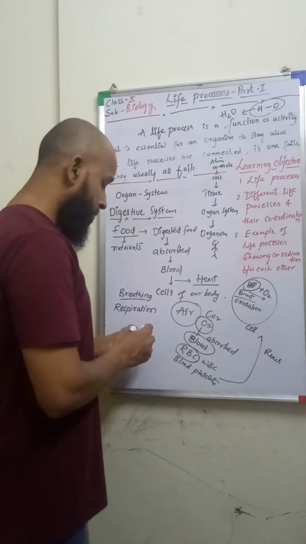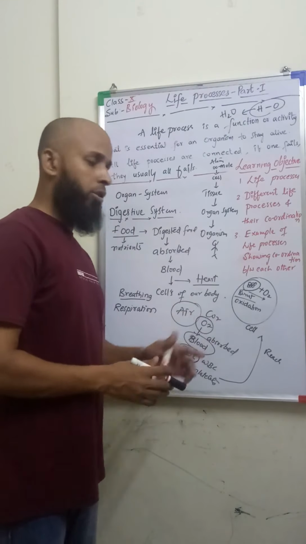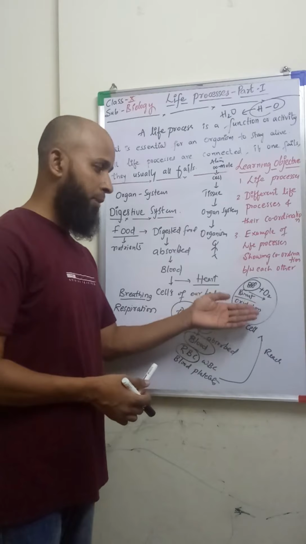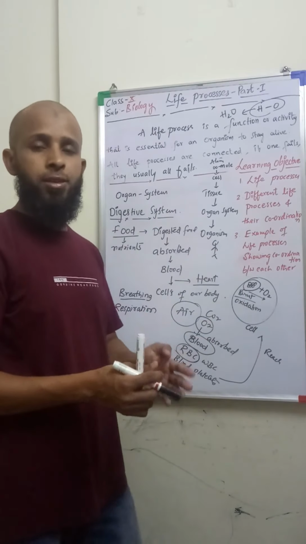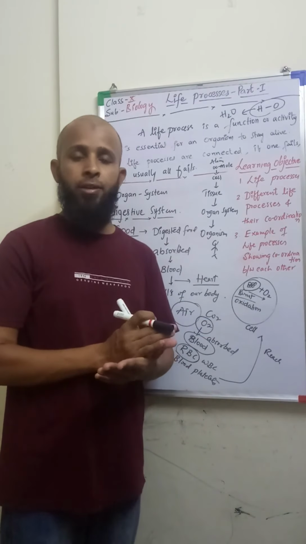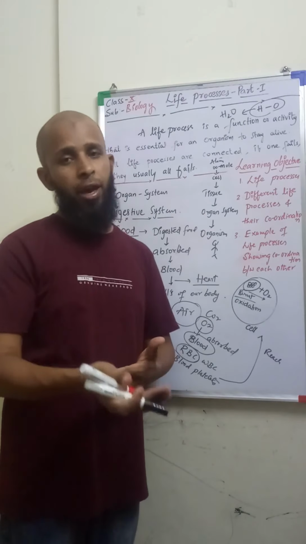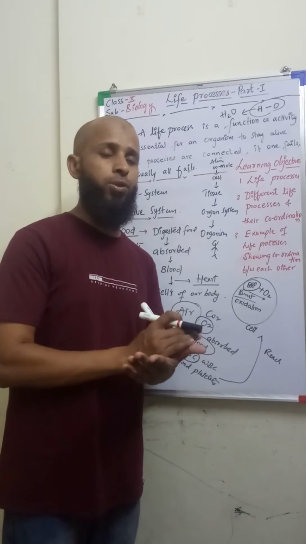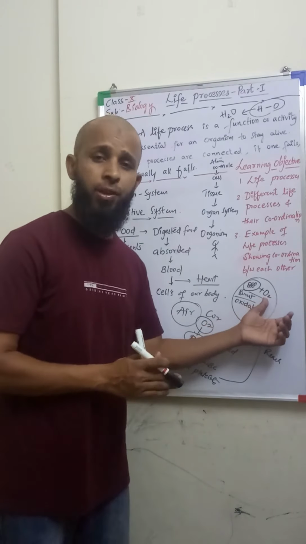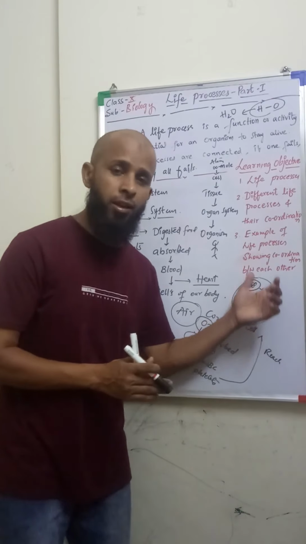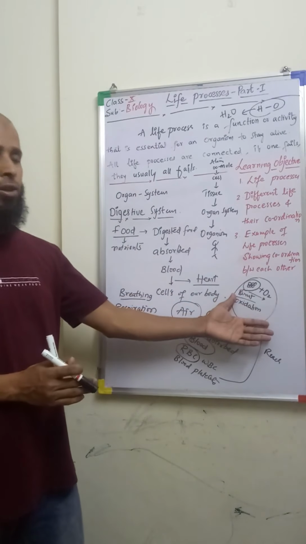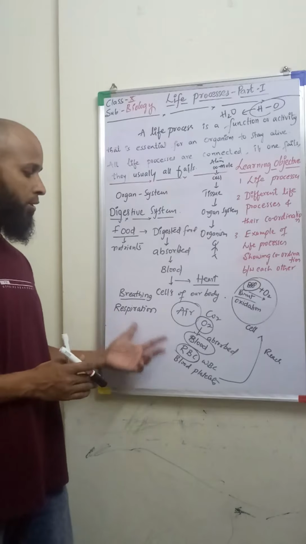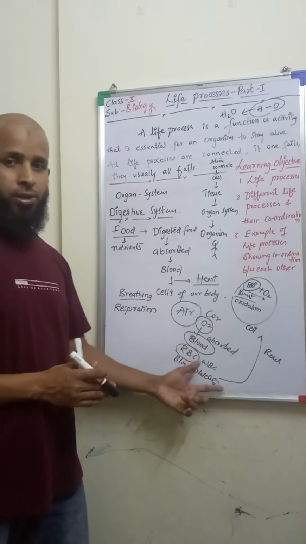Okay, so due to the oxidation of food, that means the food is burnt to give out the energy. That burning of the food takes place with the supply of oxygen. That oxygen is reaching the cell with the help of the RBC.